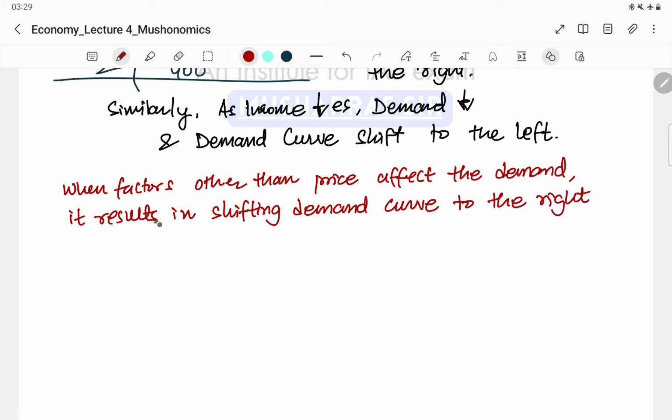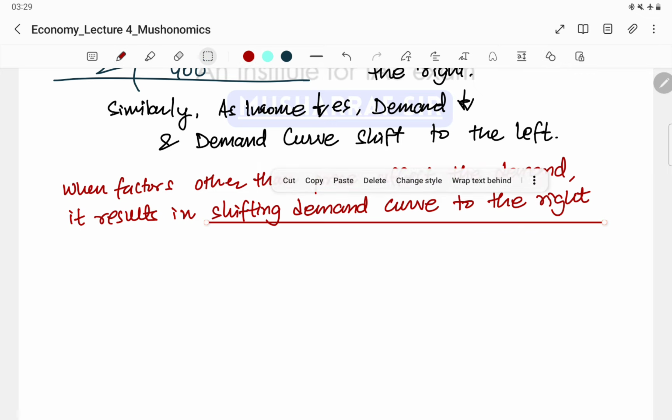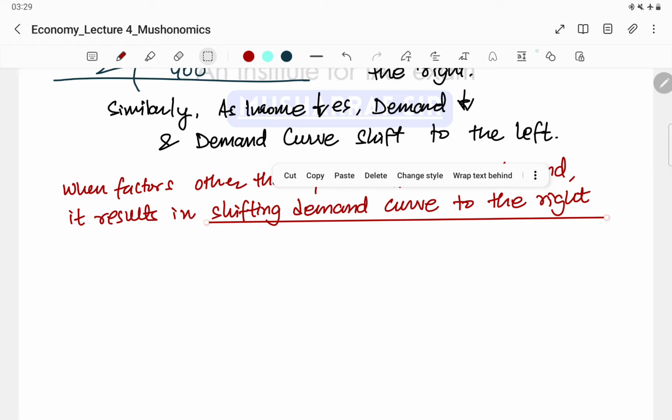And this phenomenon, shifting the demand curve to the right, is known as what? It is known as increase in demand.